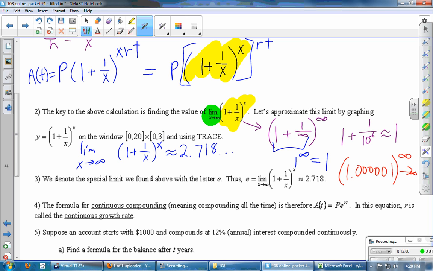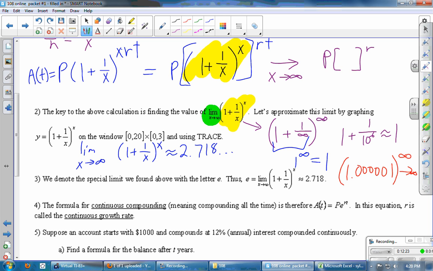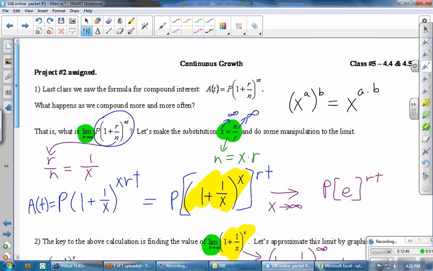Okay, so let's go way back to where we were. This thing right here, as x went to infinity, the thing on the inside of the brackets, that highlighted yellow stuff, became E. So inside of the brackets, I'll just leave it blank for a second, put the P in the front, the R and the T up above, but all that yellow stuff is the same as this yellow stuff, and we've decided that the limit of that yellow stuff when x goes to infinity is about 2.718 and change, and we're going to call that the number E. So P e to the RT is what this formula at the top of the page becomes.